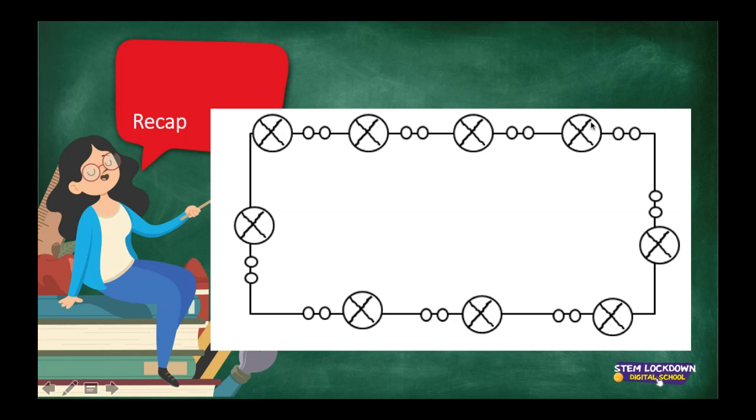I actually made it so that all the switches are off, so none of them were lifted up. All right. So this would be a circuit with all the light bulbs on, because all the switches are closed switches. None of them have been lifted.